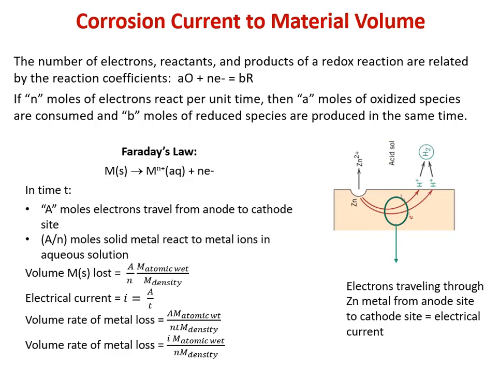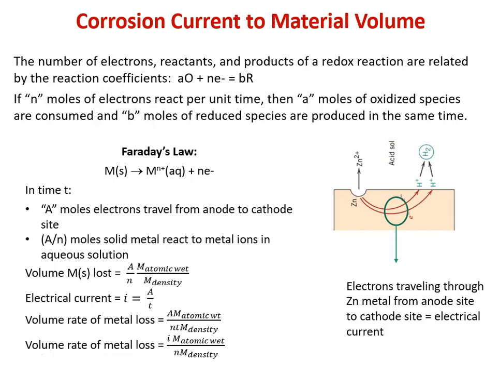But remember, electrical current is just moles of electrons per unit time. So if we looked at the volume rate of metal loss, we could say, all right, instead of just having A electrons, we could say, well, that was A electrons in time t, and put our time t in the denominator of that fraction, and then combine the A and the t into an I as a current.